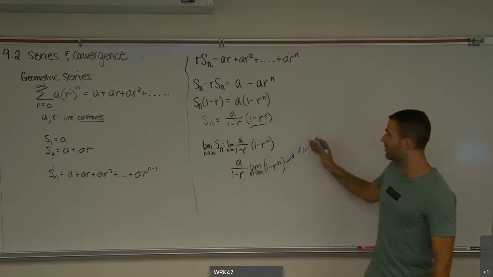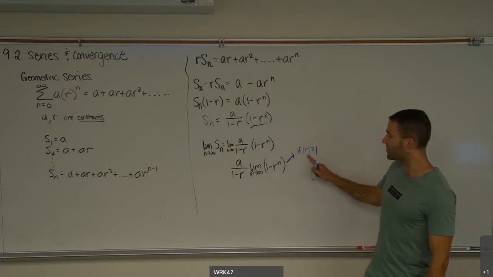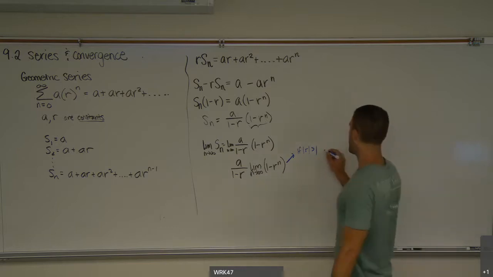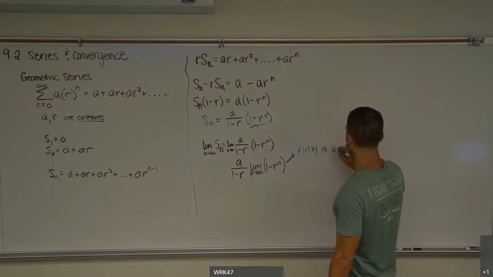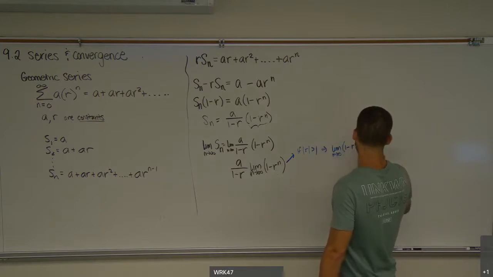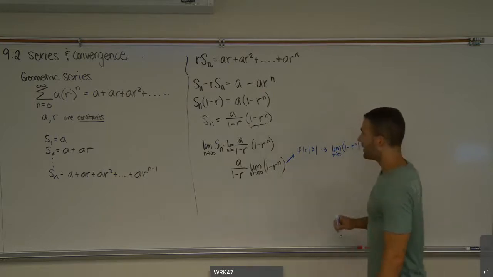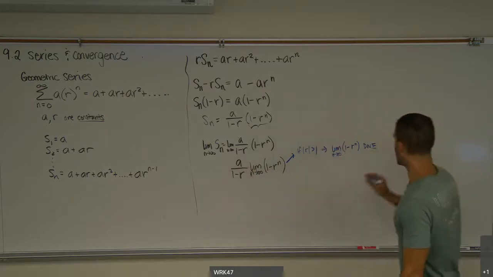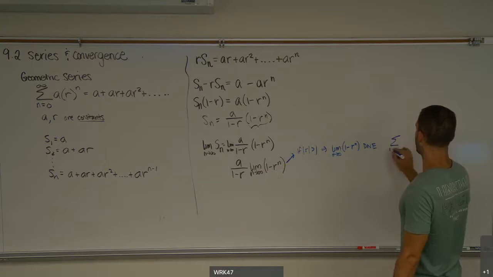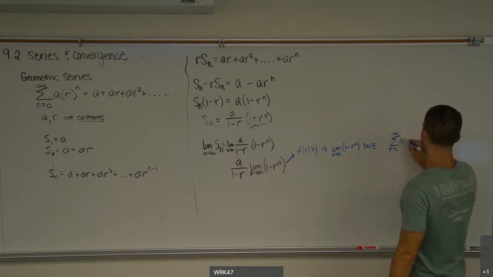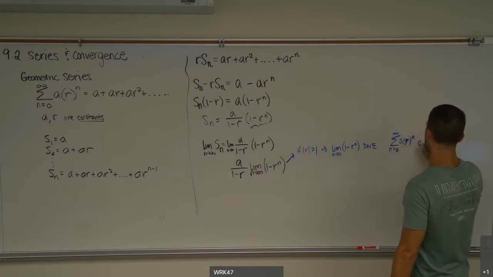And so this thing will blow up. So if the absolute value of r is bigger than 1, then the limit, as n goes to infinity, of 1 minus r to the n does not exist. And so the limit of the partial sums doesn't exist, and so the series diverges.